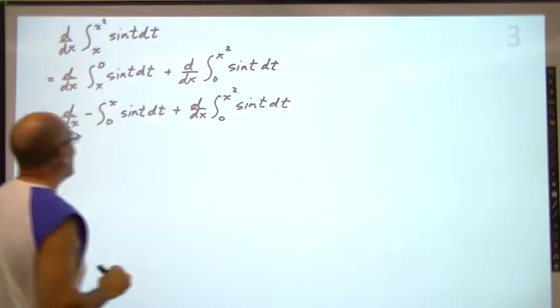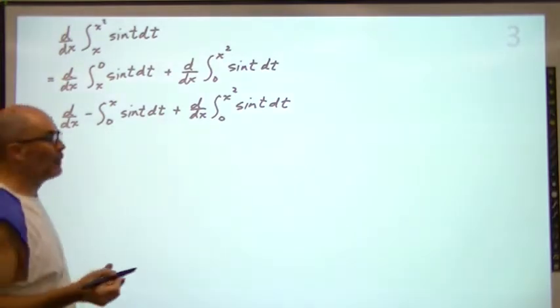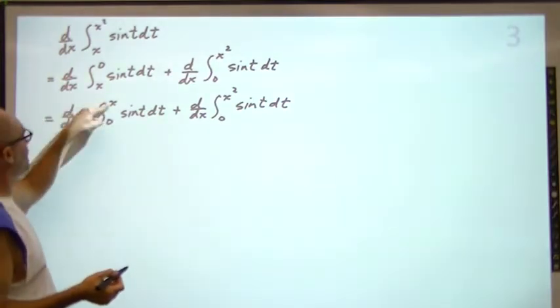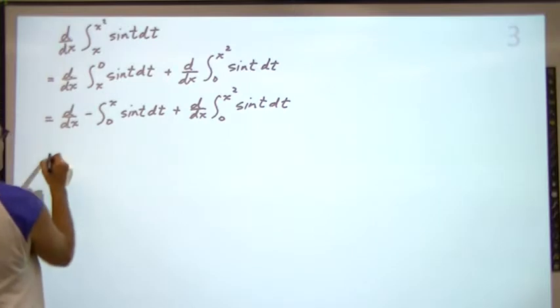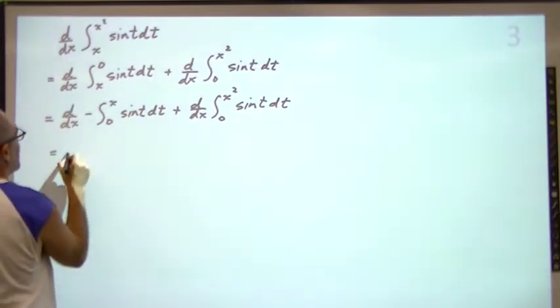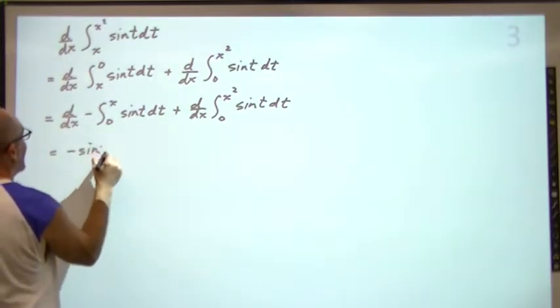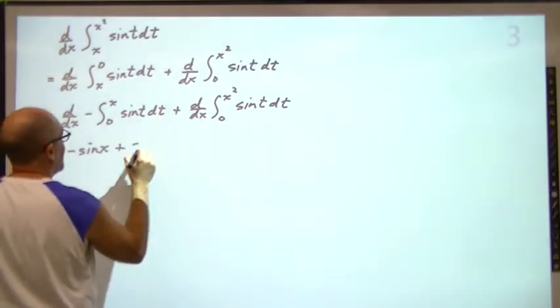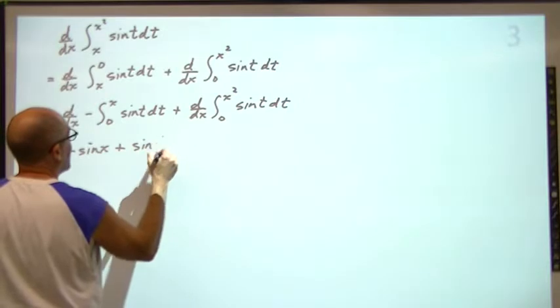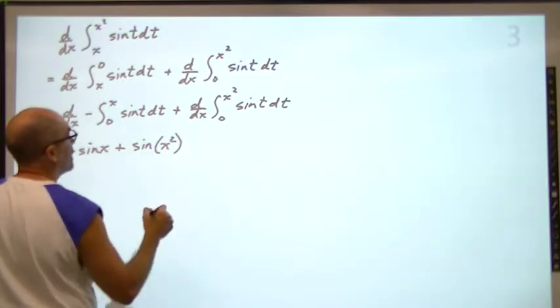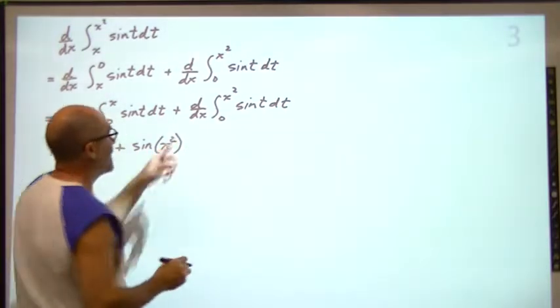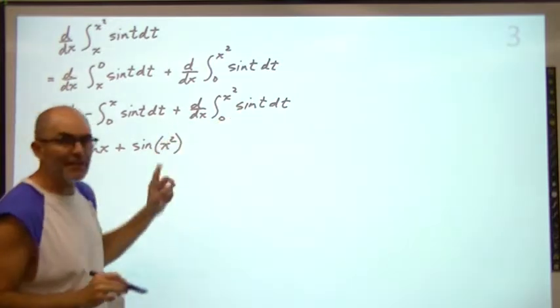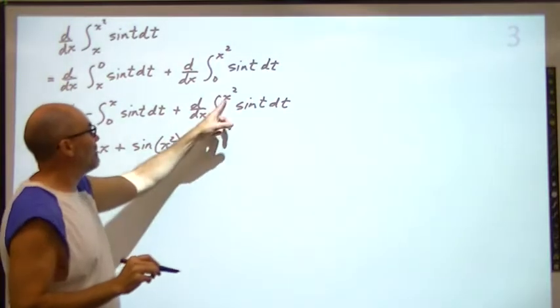All right, now I'm ready to apply the fundamental theorem part 1, and that is plug in x for t. So this is just going to equal negative sine x. Now, plus sine of x squared. Now, notice I plugged in my x squared. It's not a variable, it's a function.